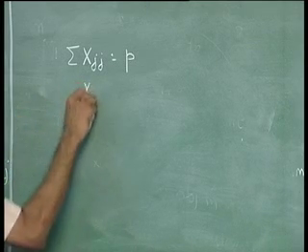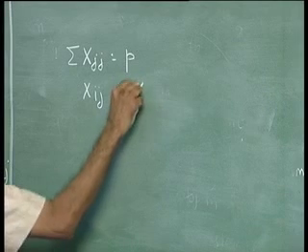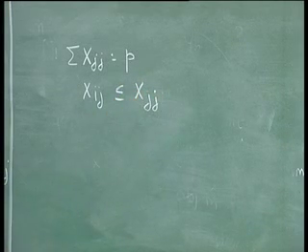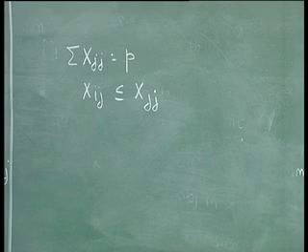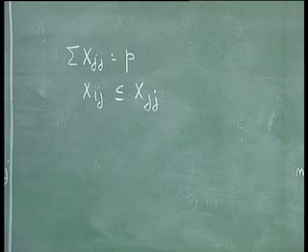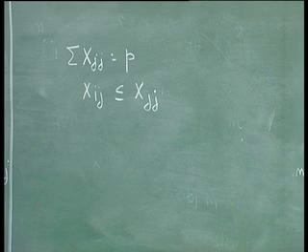Now xij should be less than or equal to xjj, because if point 1 goes to median point 2, then point 2 should be a median. If 2 is not a median, then 2 cannot build clusters around itself. You can build clusters only around the median.